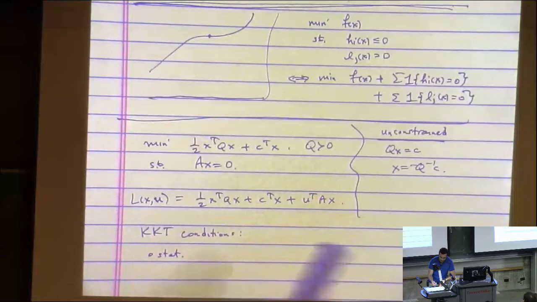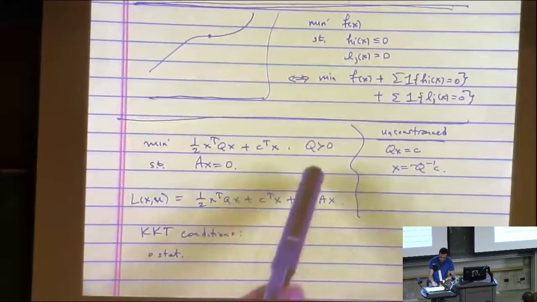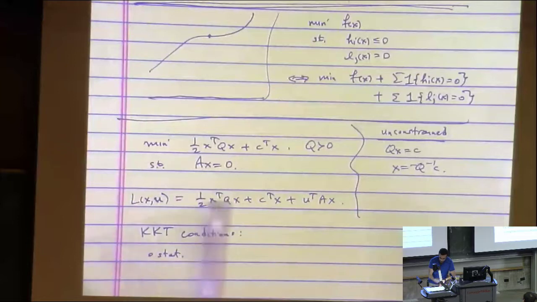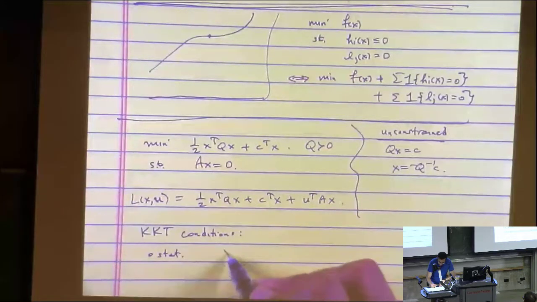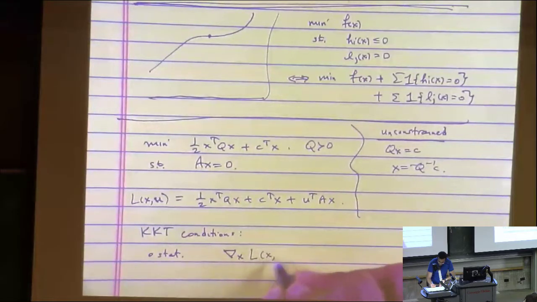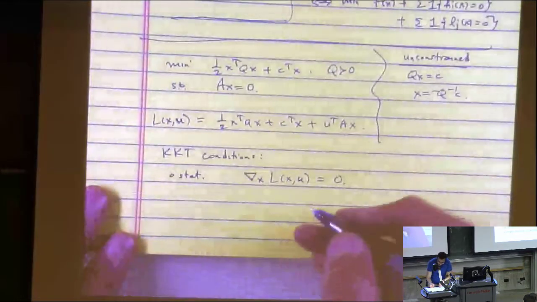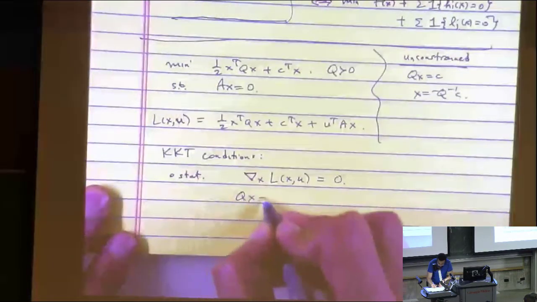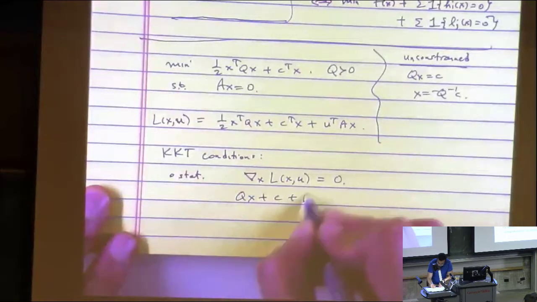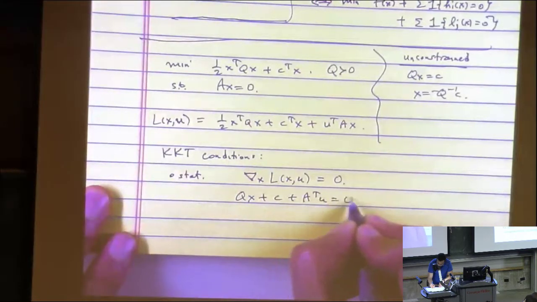I told you that, let's say, Q is positive definite. So stationarity actually becomes that the gradient of the Lagrangian with respect to x is equal to 0. And that's just Qx plus C plus A transpose u is equal to 0.